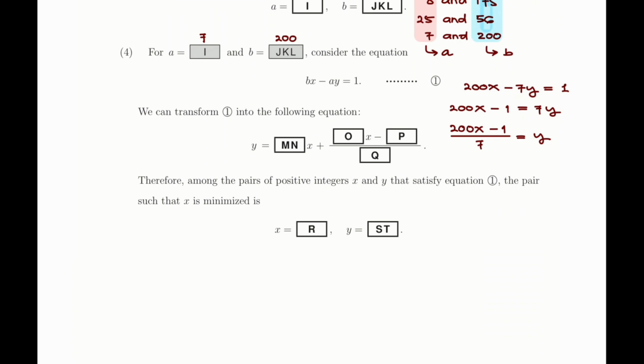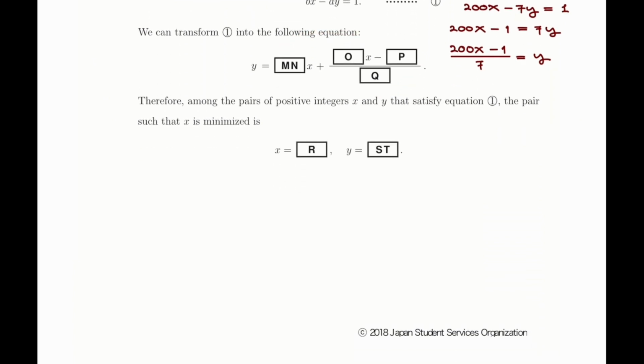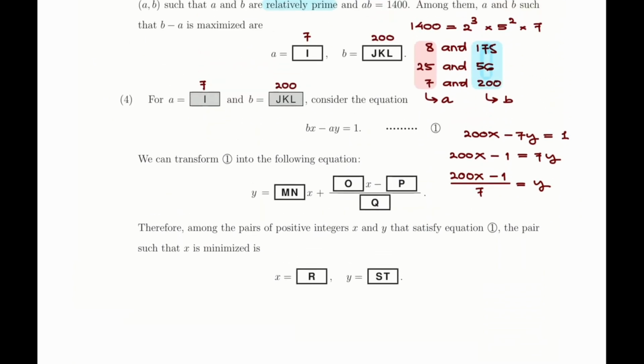We need to simplify or manipulate this equation so that we obtain the equation like this. I think I can write it like this. We need to find the greatest number less than 200 that is divisible by 7. I repeat once again: I need to find the greatest number less than 200 that is divisible by 7.